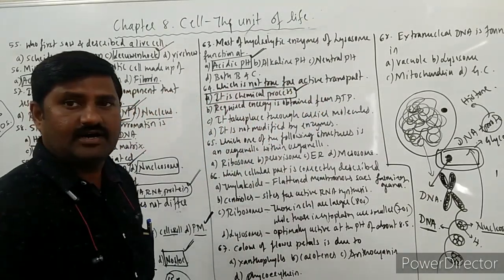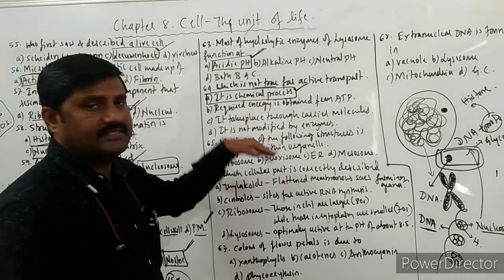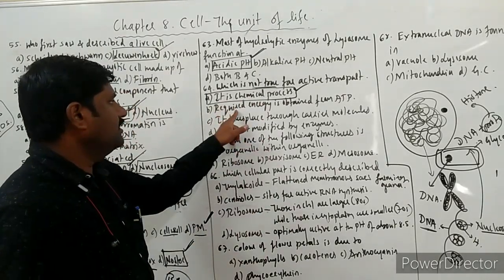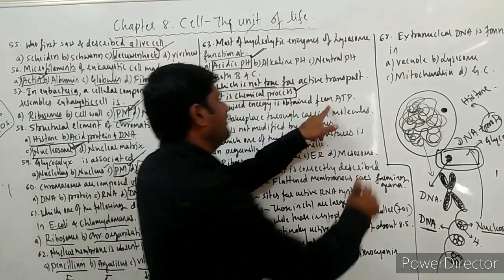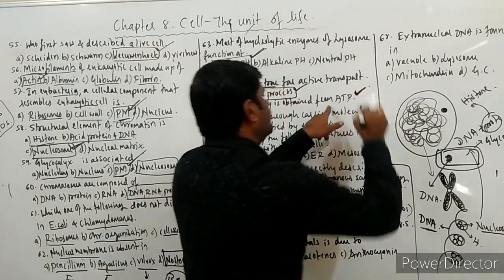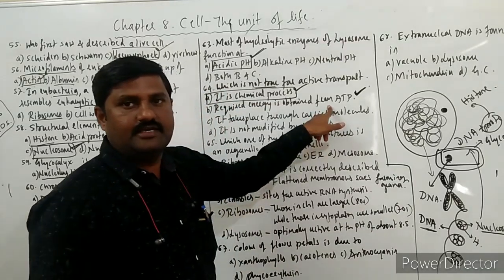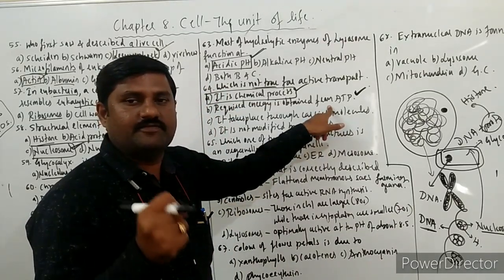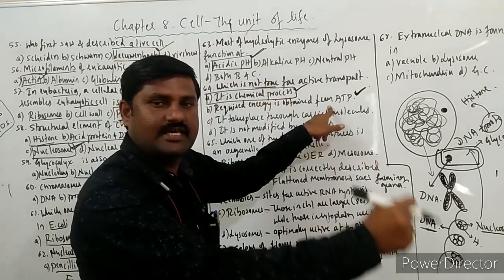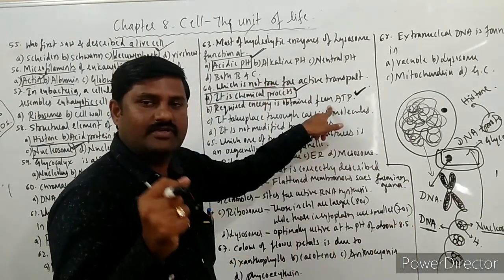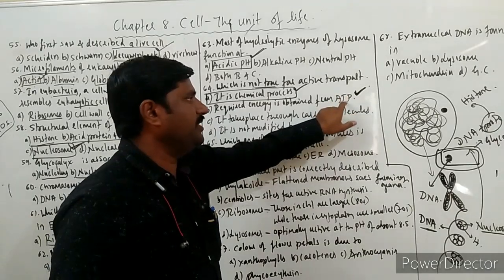And what is the second option? Let us analyze all the options now. Required energy is obtained from ATP. Of course, it is 100% right. Why? Because the energy is required for the movement of molecules from the region of lower concentration towards the higher concentration with the assistance of ATP.